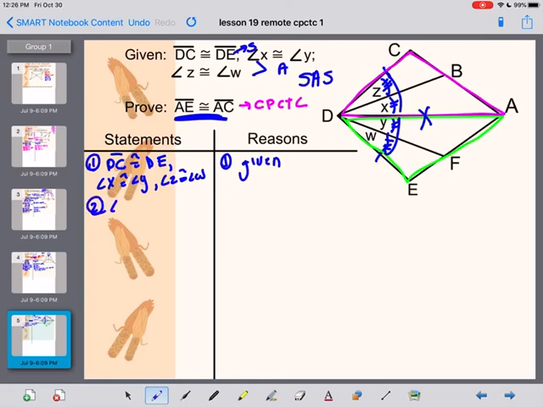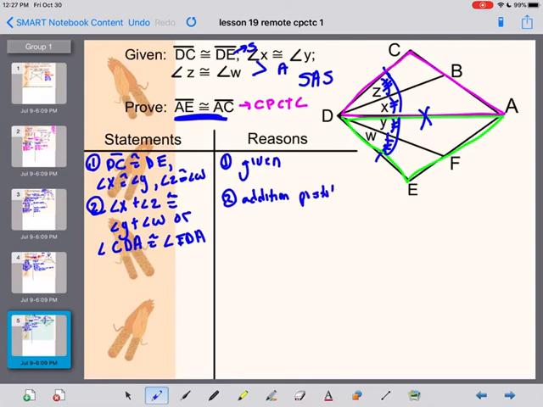So, angle X plus angle Z is congruent to angle Y plus angle W, or angle CDA is congruent to angle EDA. Addition postulate property.